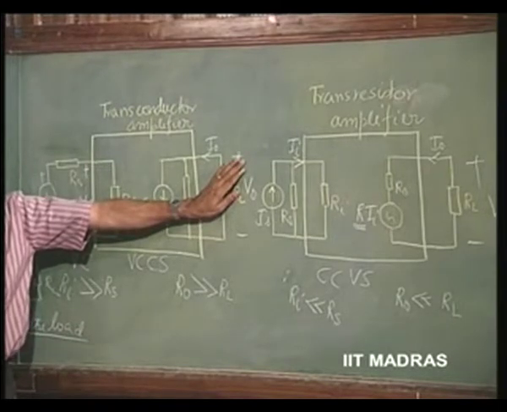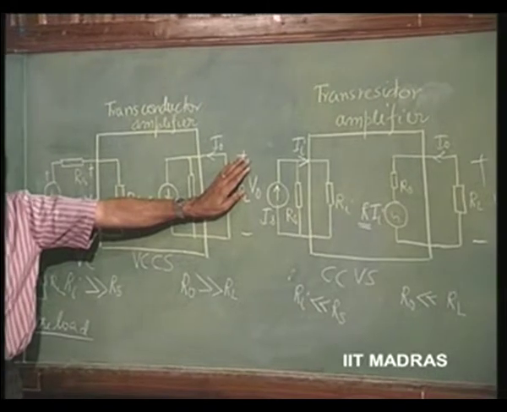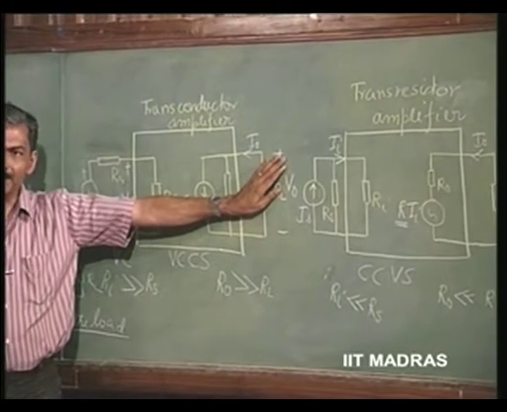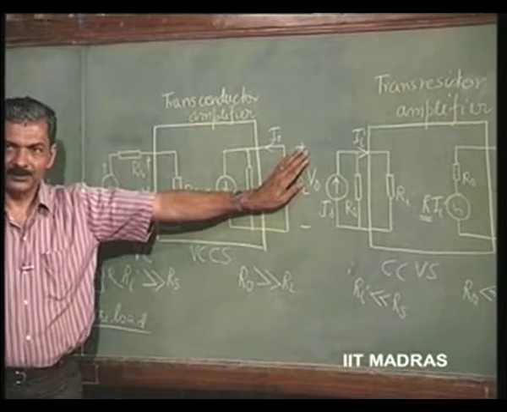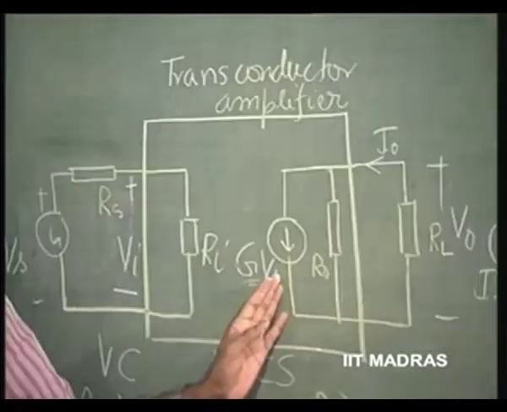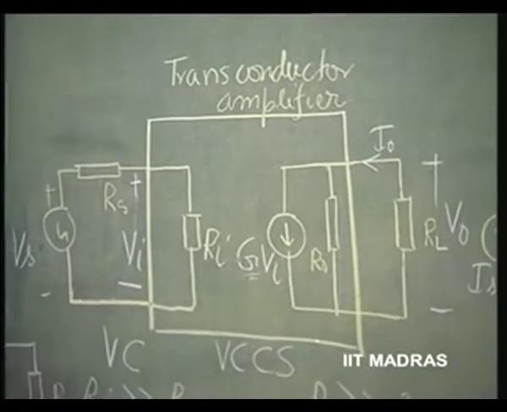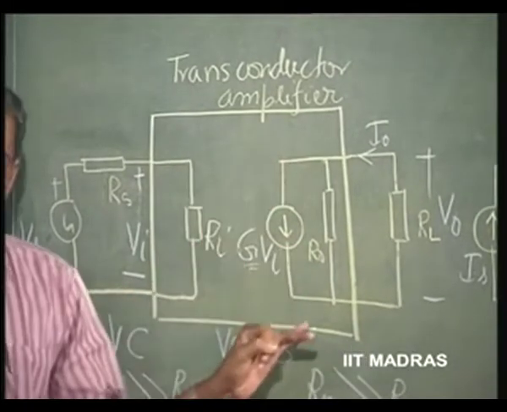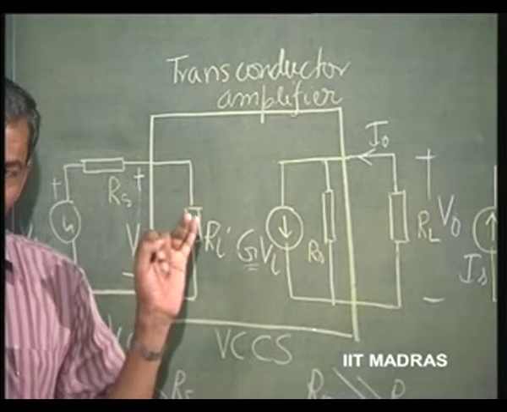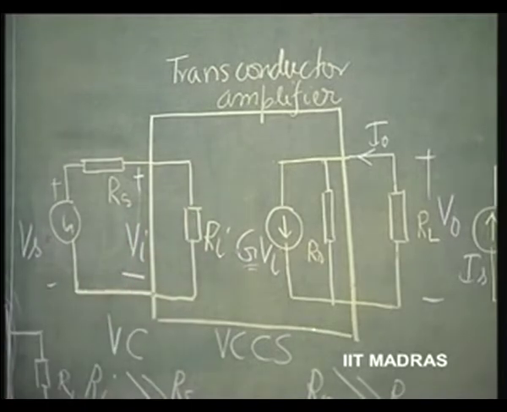This will be going to another amplifier where RL is going to be the input resistance of the next stage. It is already represented as G times Vi shunted by R naught. Or if you think that this should be represented as a voltage source, you can represent this. So, I will make the alteration here.